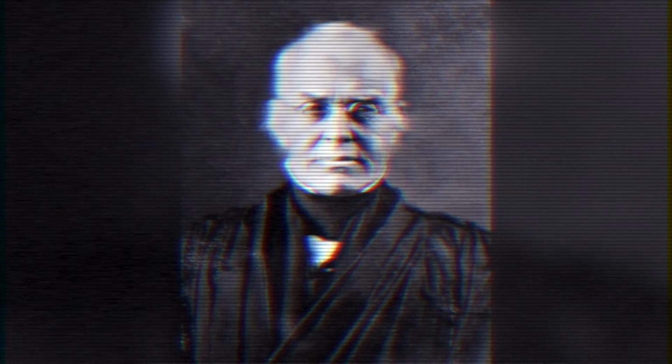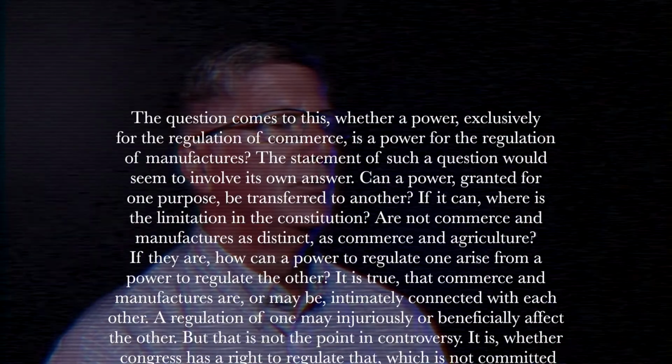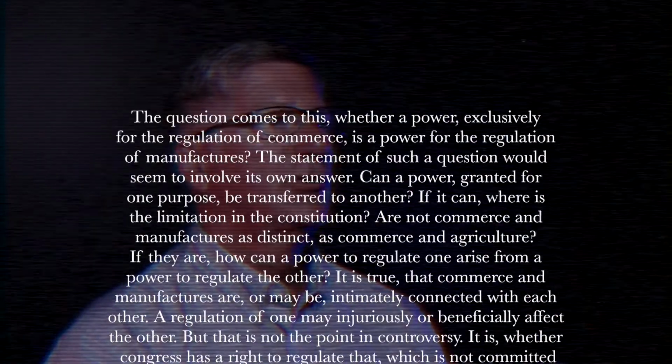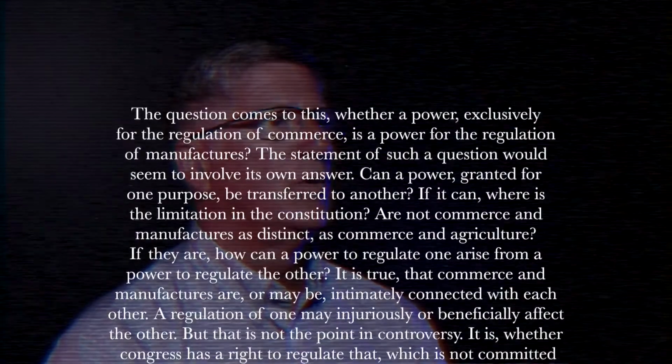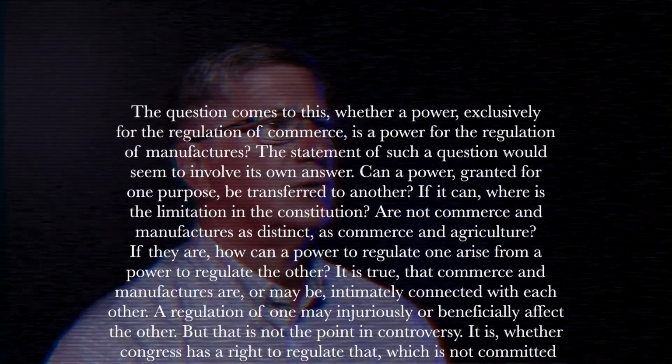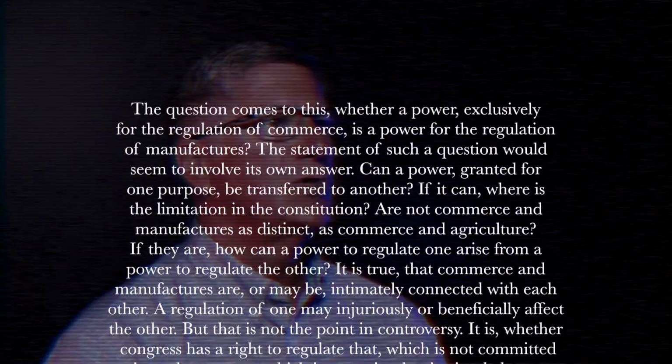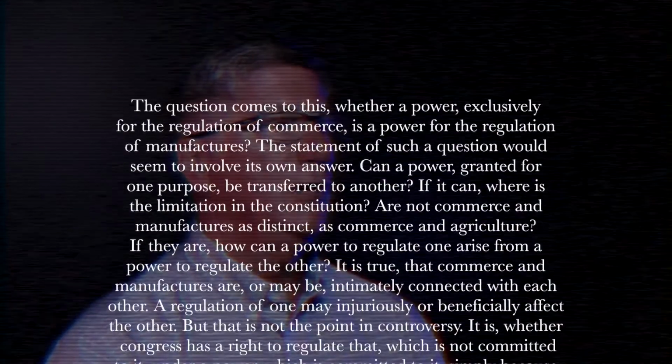Joseph Story, again in his Commentaries on the Constitution, echoed the views of the founders when discussing the Commerce Clause. "The question comes to this: whether a power exclusively for the regulation of commerce is a power for the regulation of manufacturers. The statement of such a question would seem to involve its own answer.